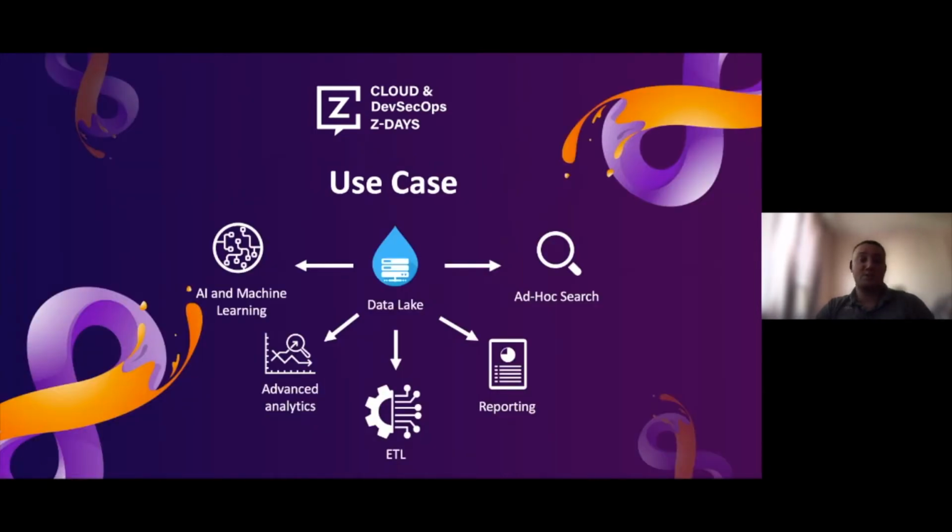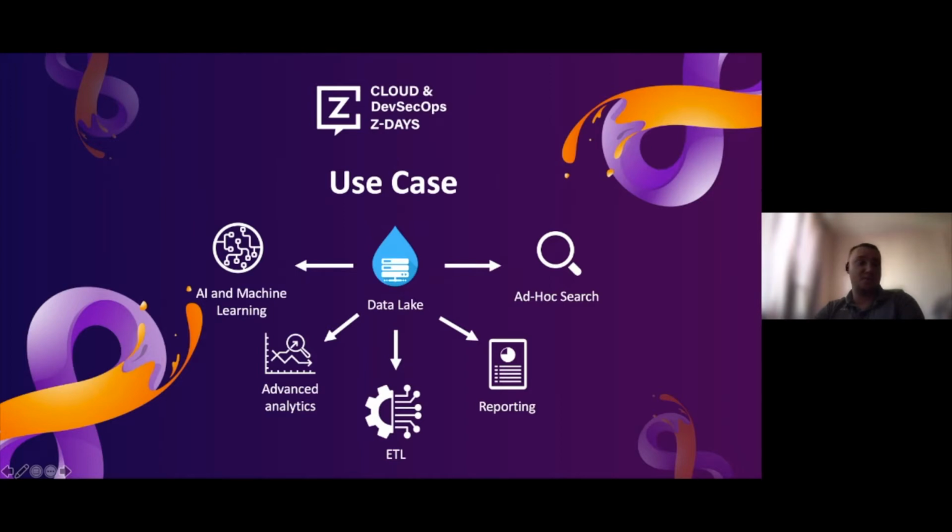How can we use data lakes? The most frequently applied approach is using the data lake for artificial intelligence and machine learning. If you just want to work with structured data and maybe do reporting, maybe a data warehouse is enough for you, because why not just put all your structured data in the data warehouse?